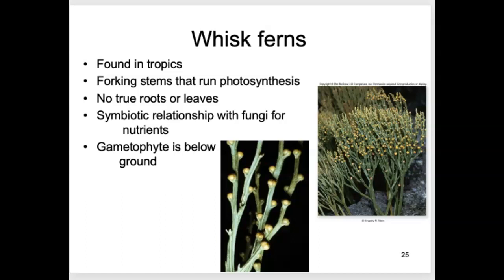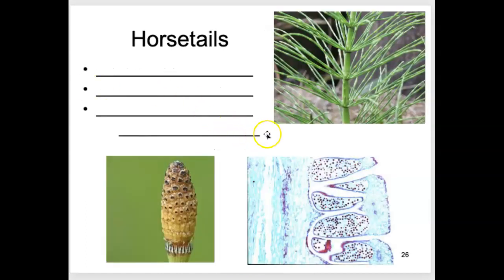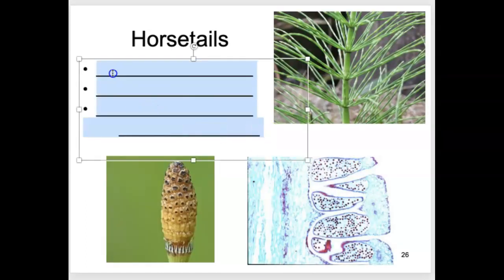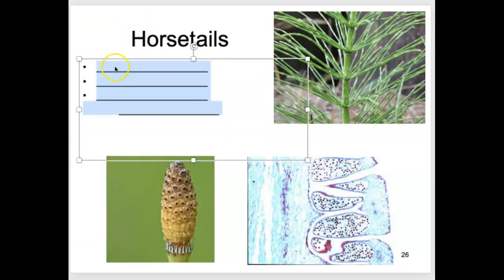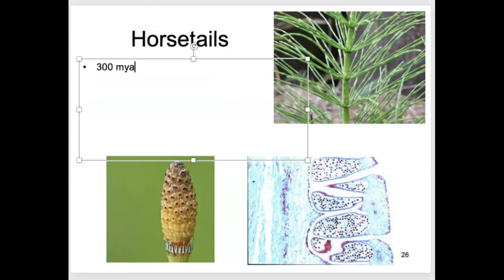Now, here's one that is all over the Midwest. Anybody who lives near a body of water, lake, stream, creek, pond, you've probably come across horsetails. Horsetails evolved around 300 million years ago.